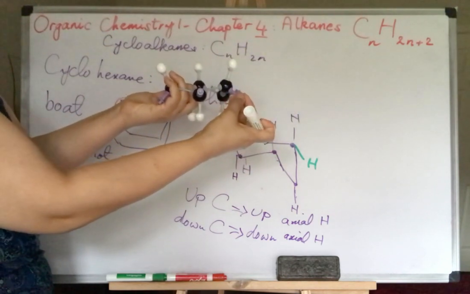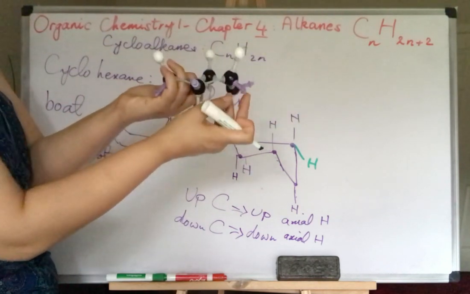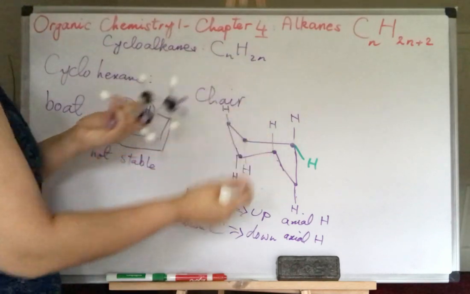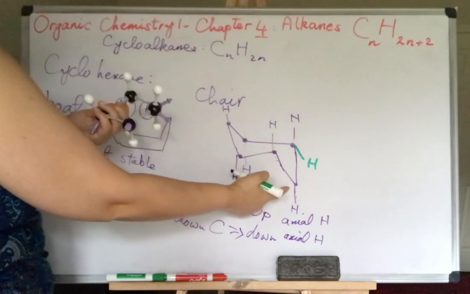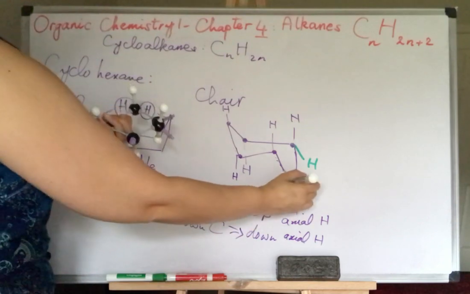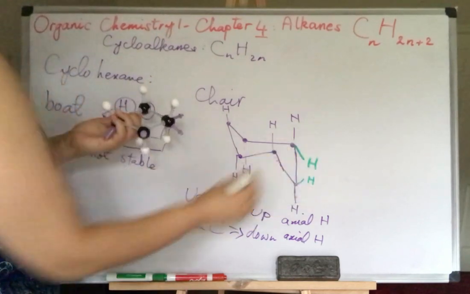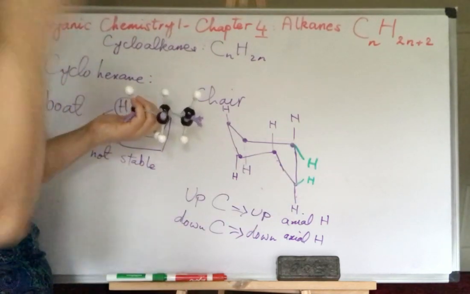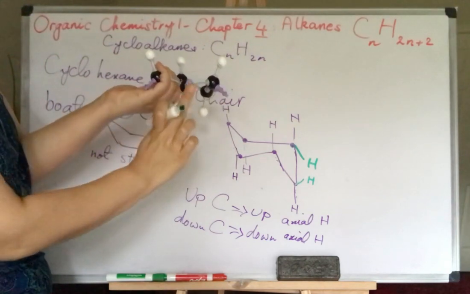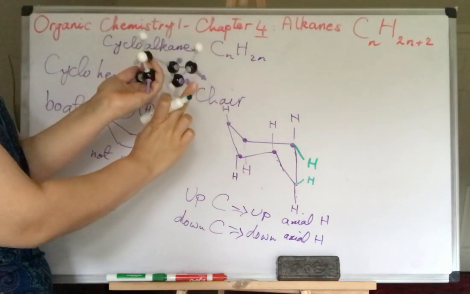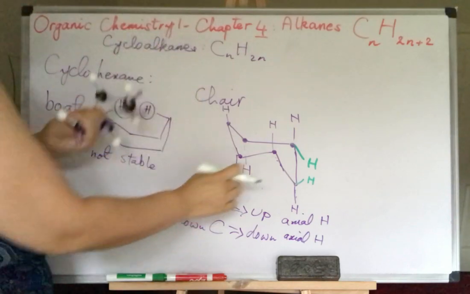I just didn't put the hydrogens here. I didn't want to get confused. I want you to focus on the color of the bond. On the down carbon, axial is on the bottom, so its equatorial hydrogen will be on the top. You see, down axial, the equatorial is towards up. I don't know if you can see it. The same thing.